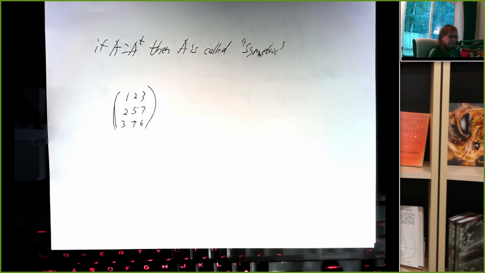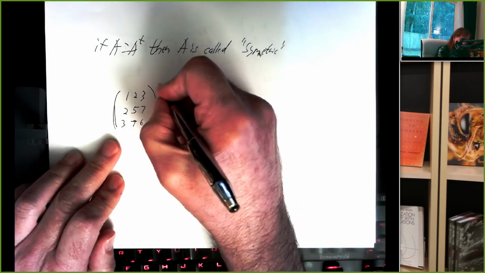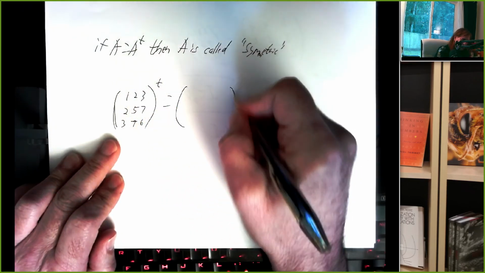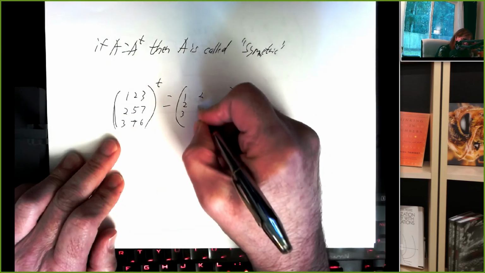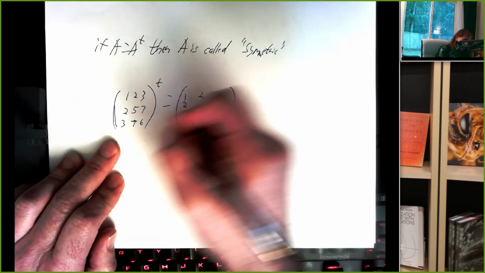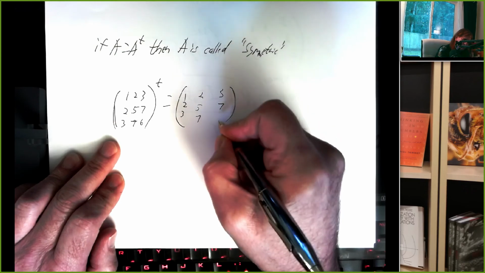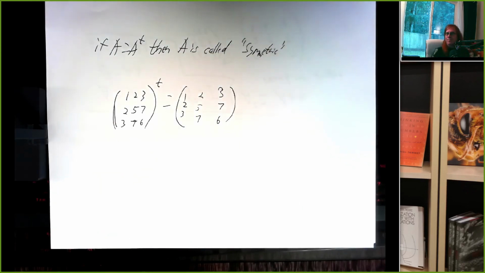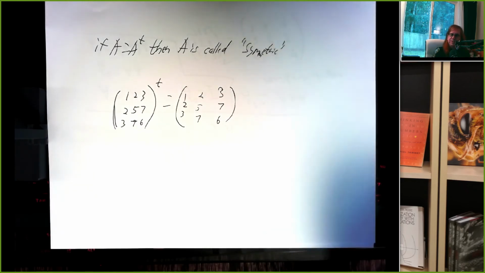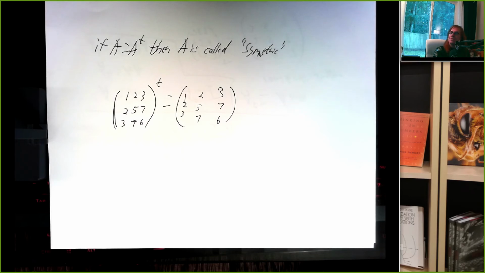If I swap the rows and columns, the first row becomes the first column, the second row becomes the second column, and the third row becomes the third column, and I get back the original matrix. So that's a symmetric matrix. And symmetric matrices are useful.